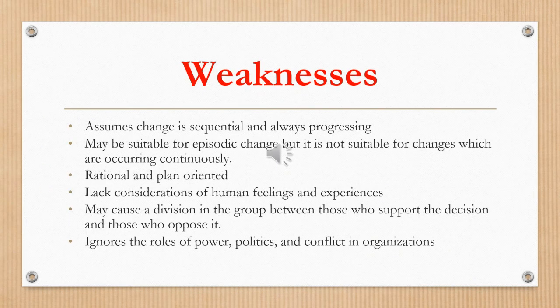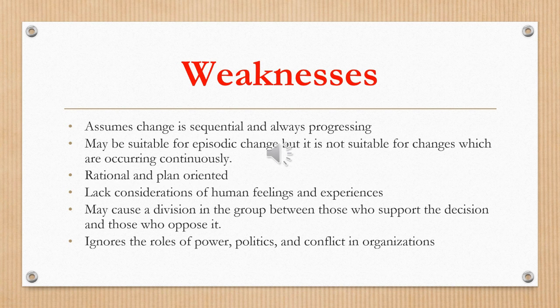On the other hand, there are several weaknesses that are associated with the three-stage model. It assumes that change is sequential and is always progressing. The theory may be suitable for episodic change, but it is not suitable for changes which are occurring constantly or continuously.